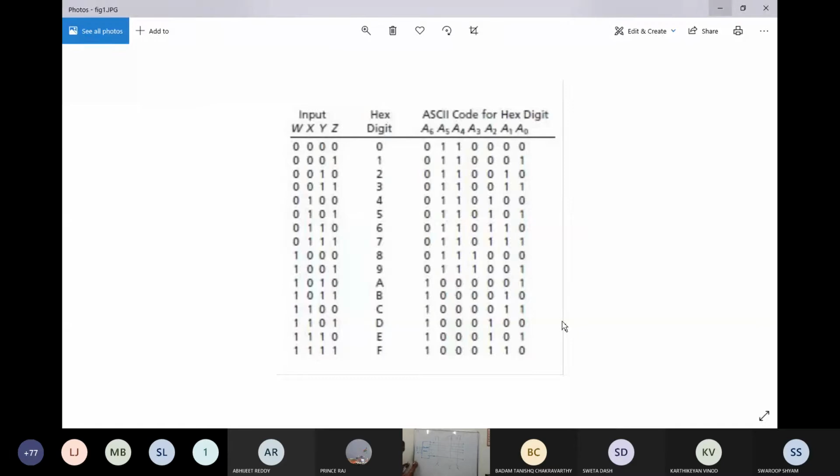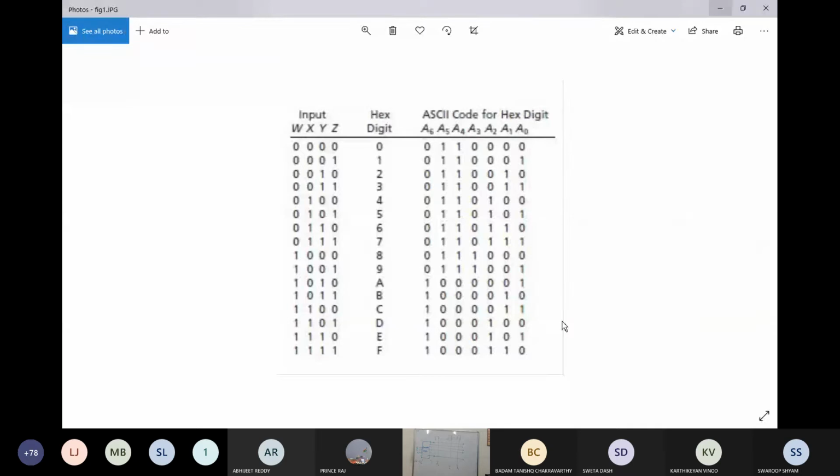For A0, it's nothing but the summation of, I think, 1, 3, 5, 7, 9, then A, which for us is 10, because it's in hex, na?